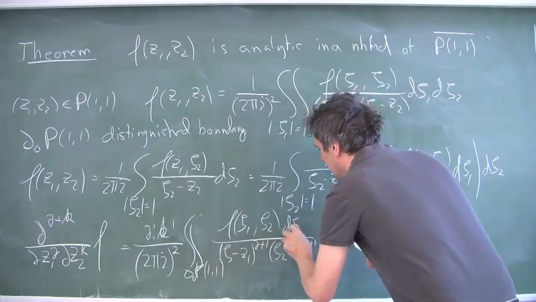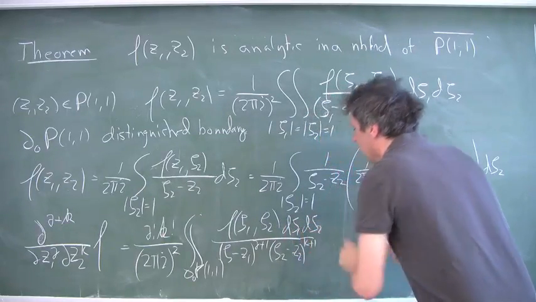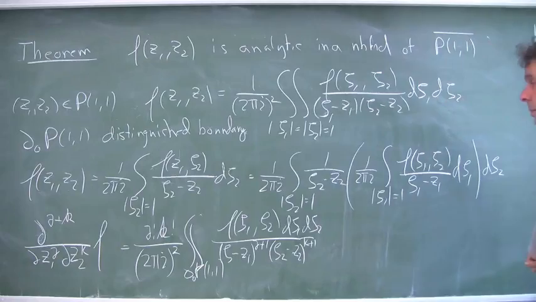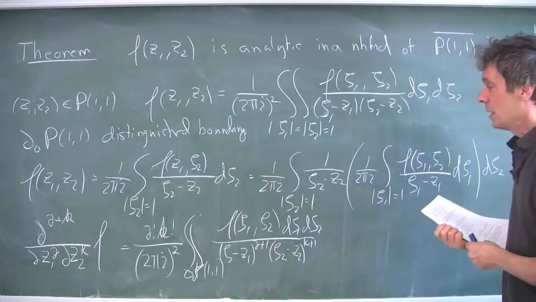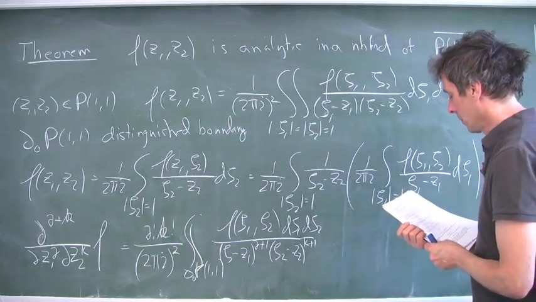And then also integrated with respect to these zeta variables. So this is very much like the formula in one variable then.